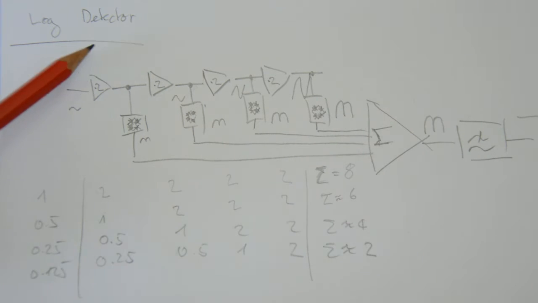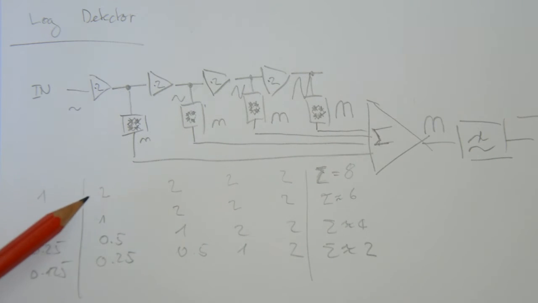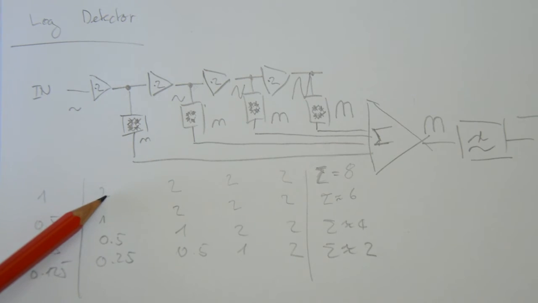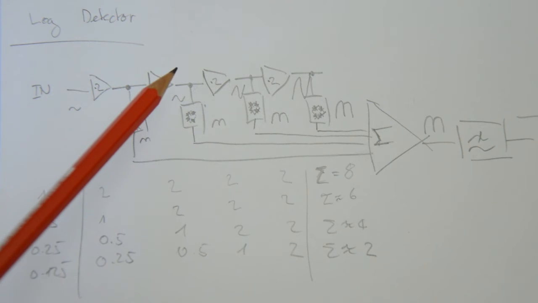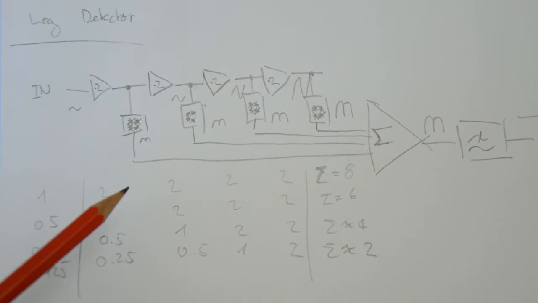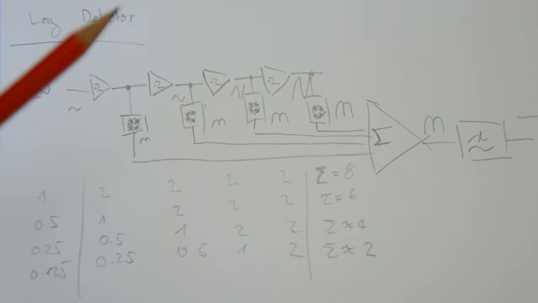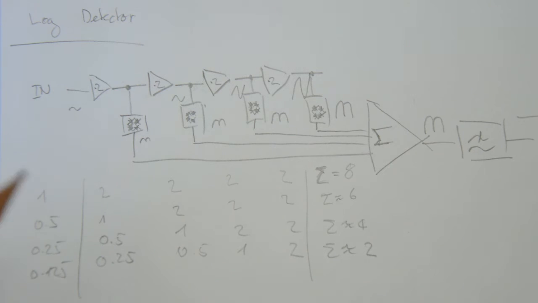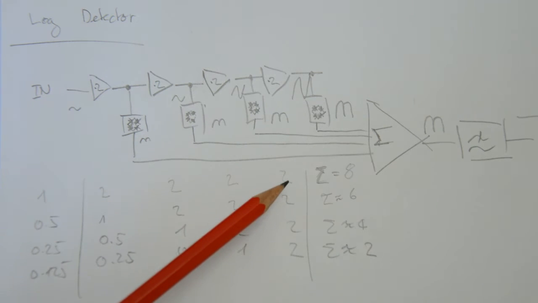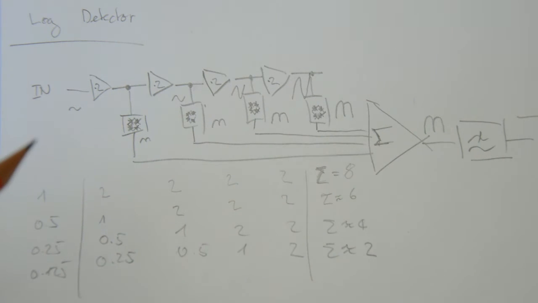The first amplifier, with a gain of 2, amplifies this to 2 volts, and any other amplifier is already limiting. So we've got 2 volts here, 2 volts here, 2 volts here, and 2 volts here. So in the end, essentially, we've got 2 volts everywhere, and we sum this up to 8 volts.